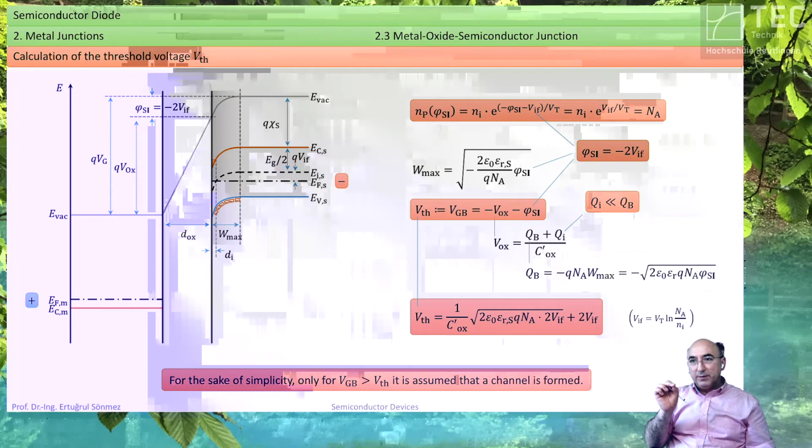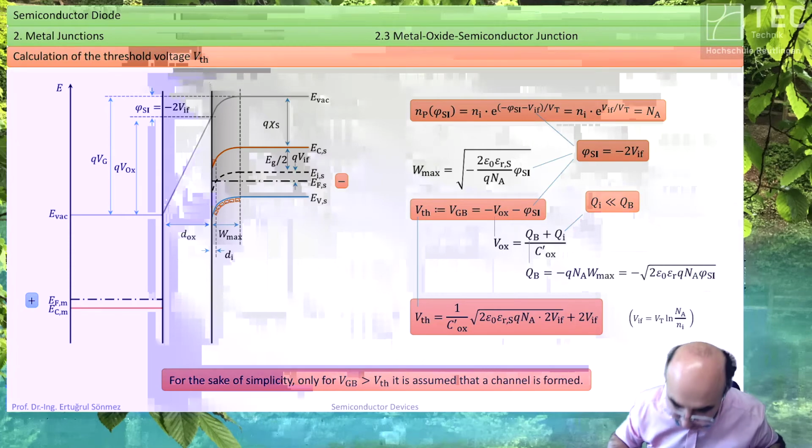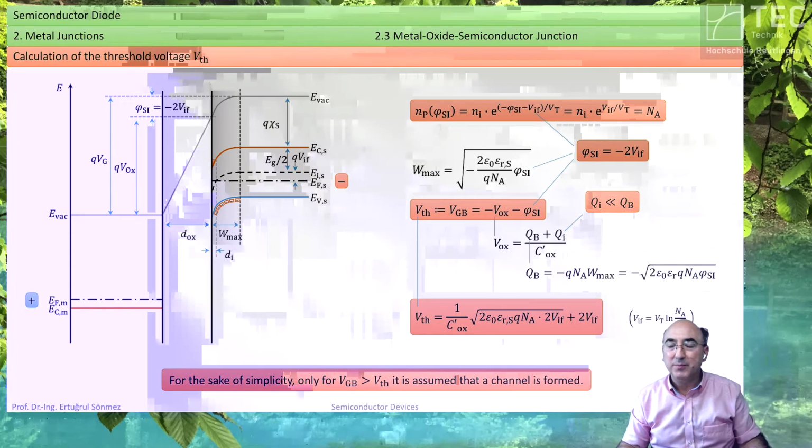If you want to have a realistic amount of current, you have now to populate this area. How you do that? You don't apply the threshold voltage, you apply more. Now it gets to be interesting.